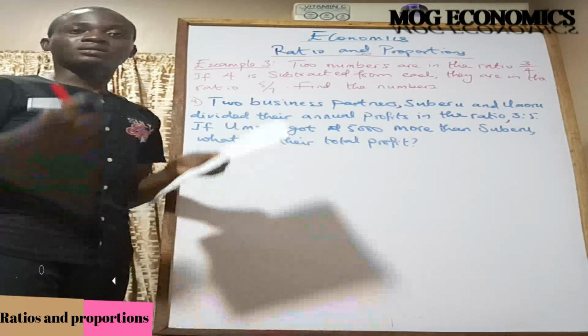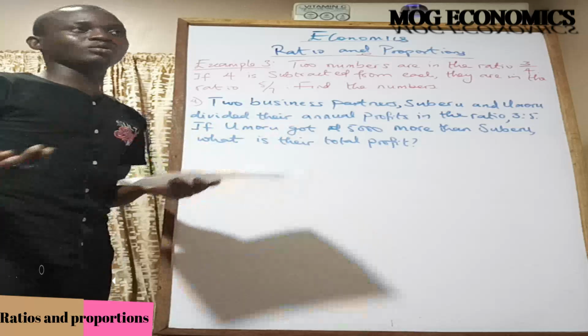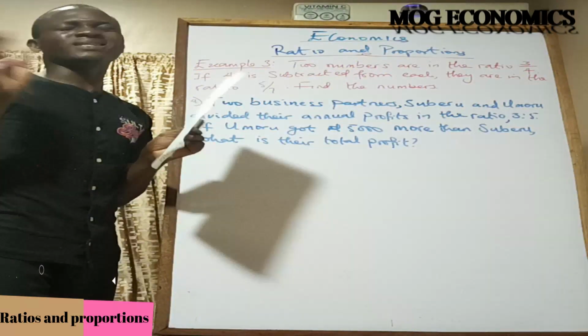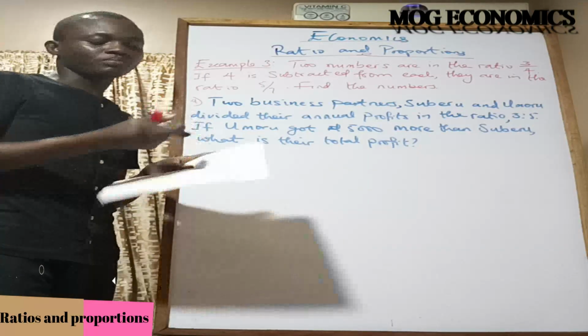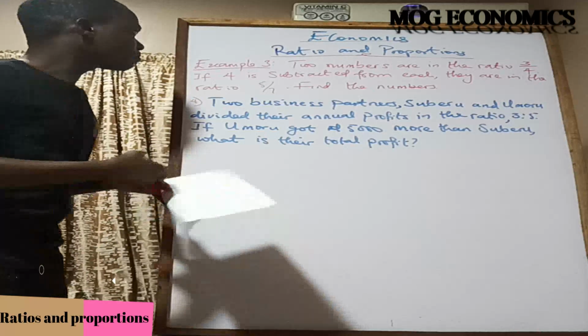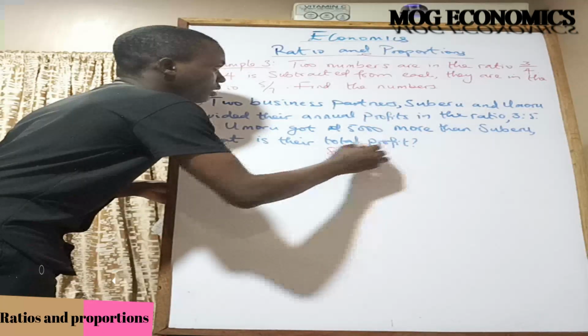Like I said earlier, ratio and proportion is more about how you think than what you can calculate. You have to do a mental interpretation, and once your interpretation is correct, your calculation is likely going to be correct. So how do we approach a question like this? The two numbers are currently in the ratio 3 ratio 4.